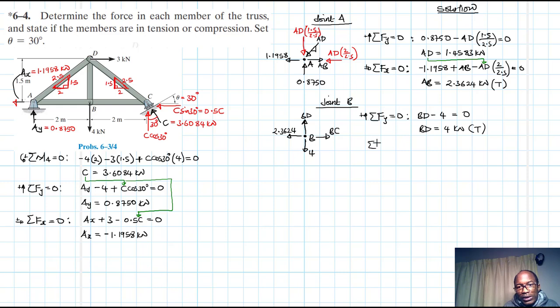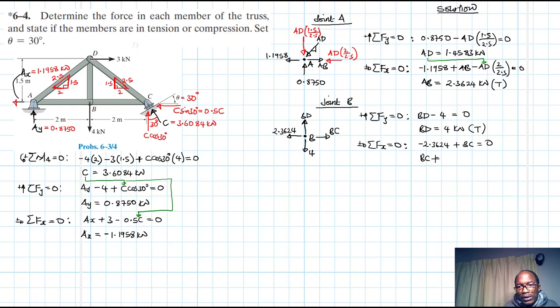And then we have summation of forces in the x direction. What do we have? We have minus 2.3624 plus BC equal to 0.